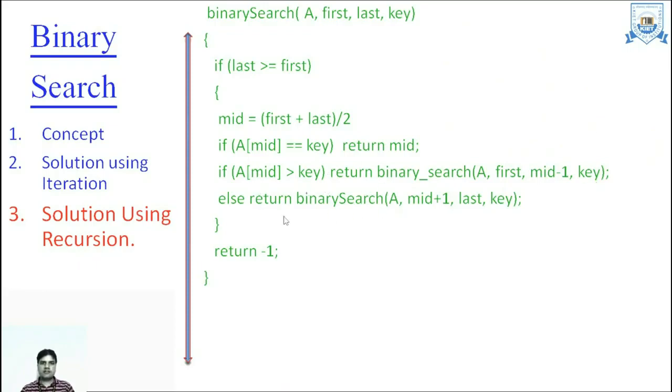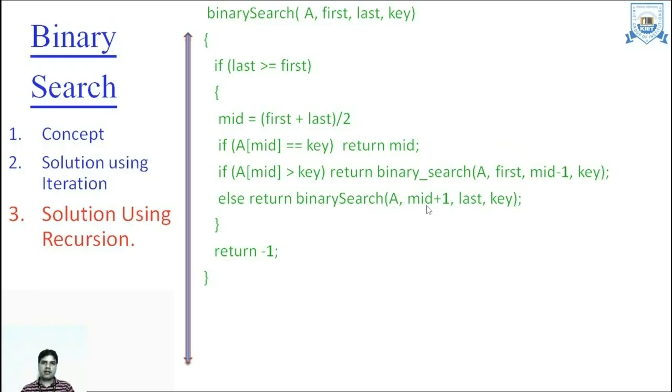Now if the key is greater than a of mid, in that case we'll go to the second half, and for that we'll again call this function recursively for the same array, but now truncated from the starting elements because the first index is now mid plus 1. It's not 0, it's mid plus 1, and then it will go up to last and then key. It's not like by this call only it will complete.